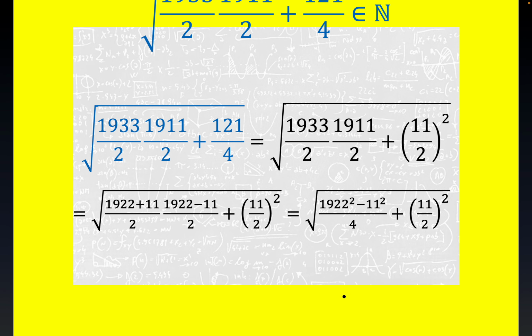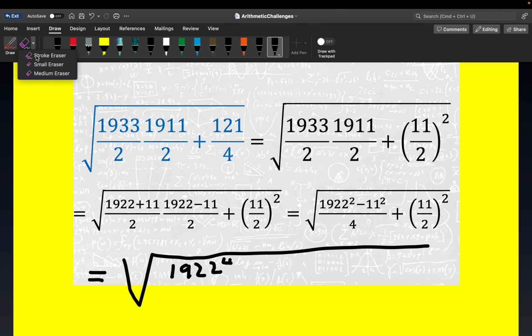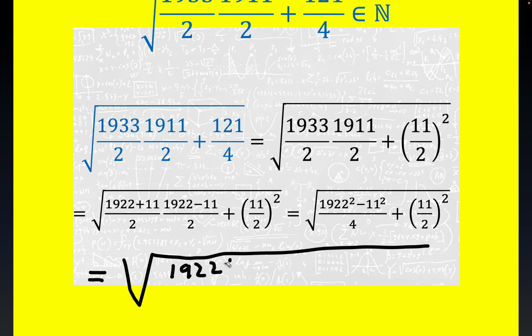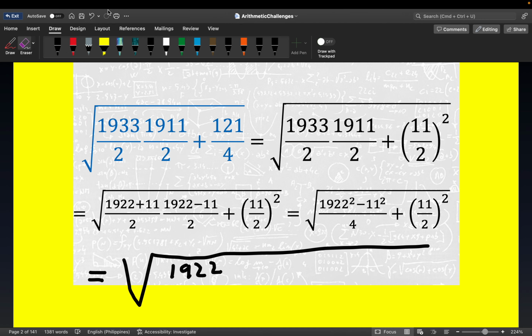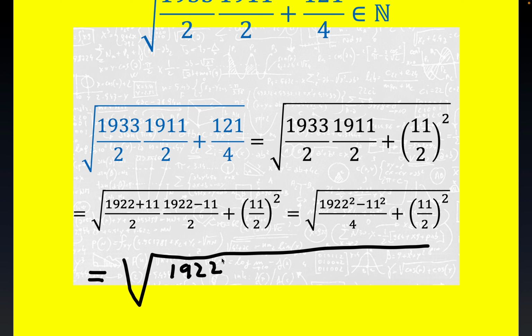Now, notice that what this simplifies to is the square root of 1922 squared over 4.